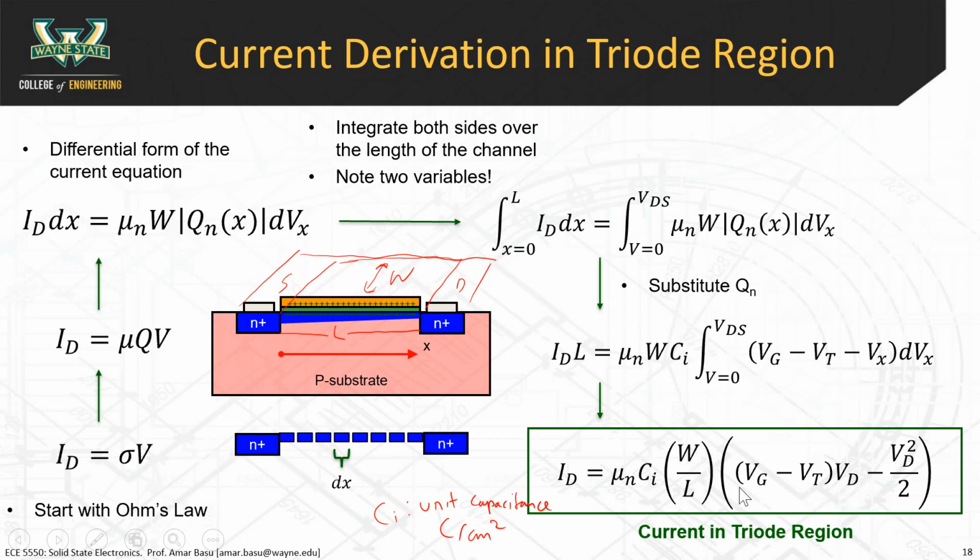This term is linear because if you increase Vd, it's multiplied by Vd to the first power. The second term is a quadratic term, which is Vd squared divided by 2. All right. So the current in the triode region follows a fairly complex pattern in that it has a linear term and a quadratic term in it.